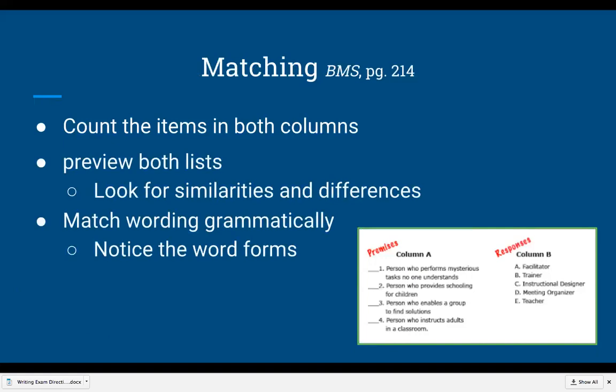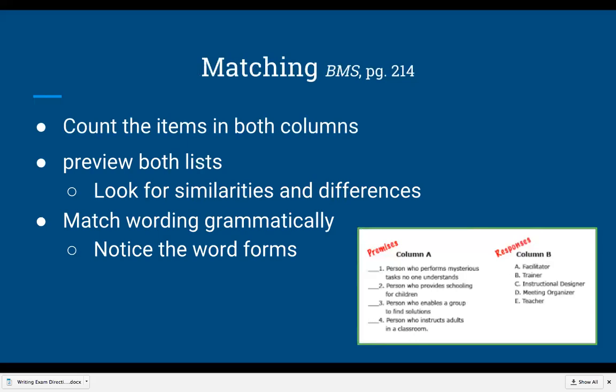The way English class and learning grammar really helps with test taking is that if you have a blank in column A, look down here at the example in the picture. If in column A you have a sentence with a blank, and over in column B you have different word forms, meaning you might have a noun, a person, place, thing.